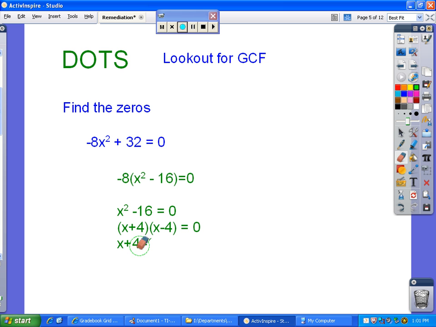So I get x plus 4 equals 0 and x minus 4 equal to 0. Solve each for x. So I've got x equals negative 4 and x equals positive 4. So always look out for a GCF. And here again, because I'm solving an equation, I can divide by negative 8 and get rid of that GCF.